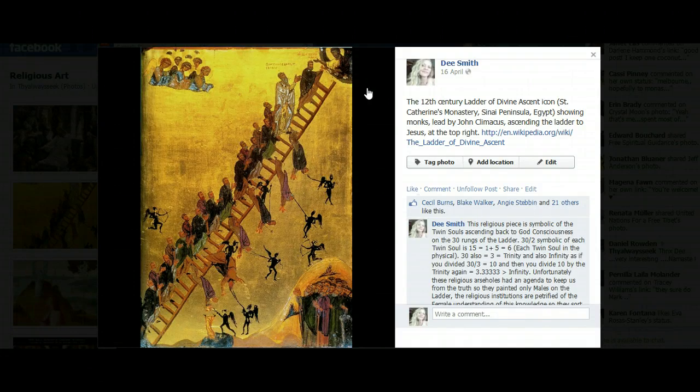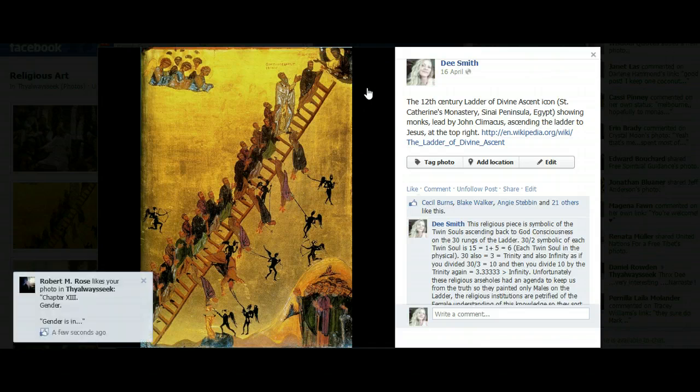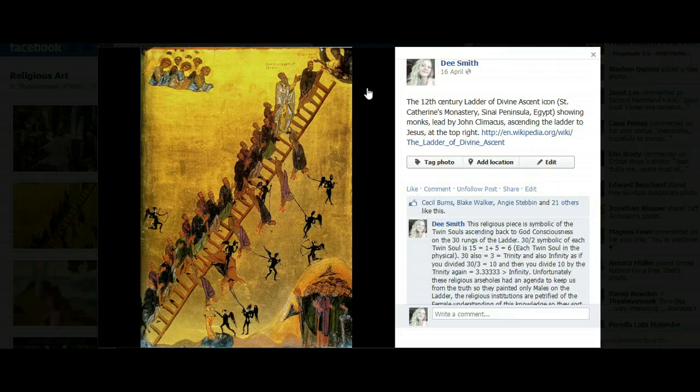Now, we can also get 10 from the number 30, because if we divide the Trinity into the number 30, and that's what we use the Trinity for, whenever we divide any number that we have seen encoded into these paintings or into any symbolism, when we divide that number by 3, we get another code, another number.